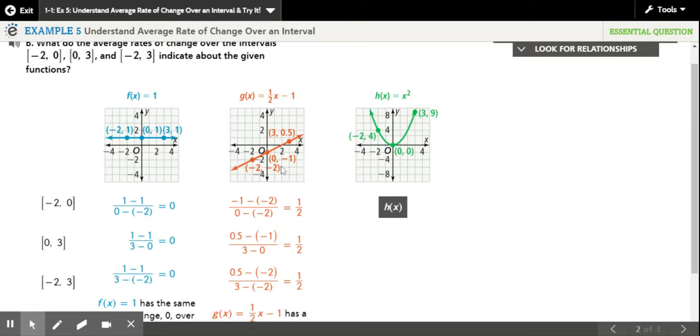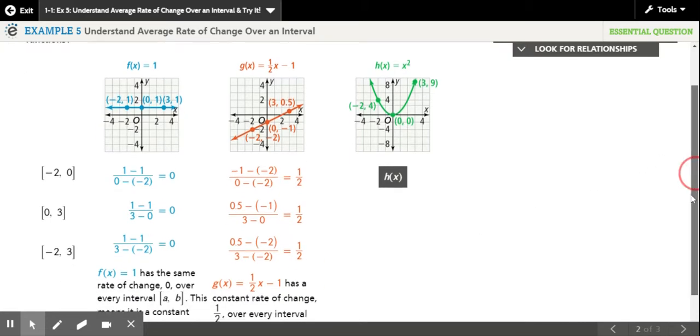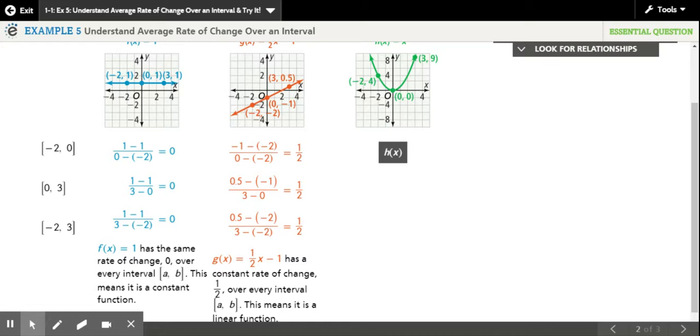From 0 to 3, again, change in y over change in x, the slope is 1/2. From -2 to 3, the change in y over the change in x is also 1/2. So that function has a constant rate of change, and it is 1/2.